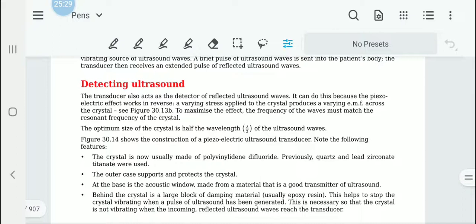and it will be reflected by different muscle tissues.